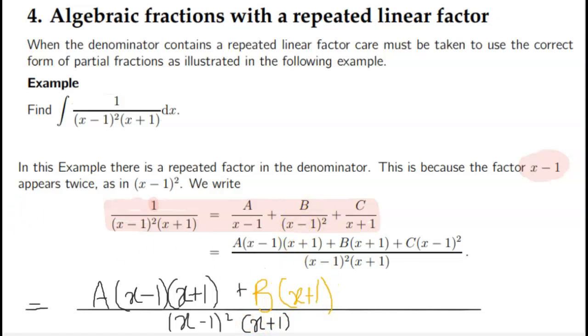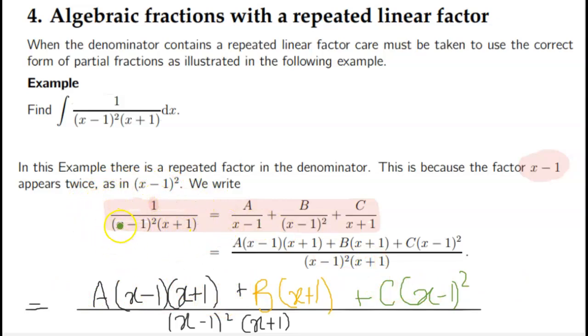Now let's look at the next one, plus c. x plus 1 is there, so what's missing on the top? x minus 1, x minus 1 whole squared. So now we have this, and that is equal to this bit.